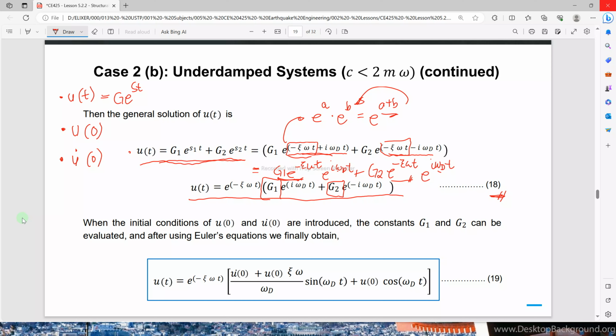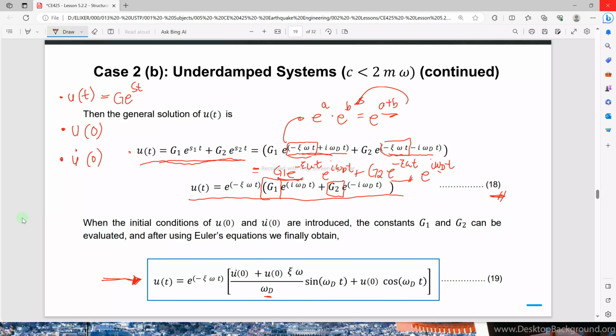And eventually, our new equation of motion for the lateral displacement will look like this. u(t) is equal to e^(-ξωt) times the quantity: the initial velocity plus the initial displacement times ξω, all over ωd, the damped natural frequency, times sine ωd t, plus the initial displacement times cosine ωd t.